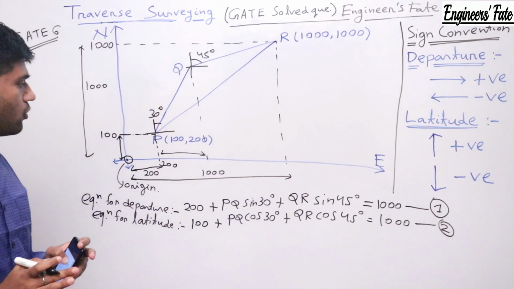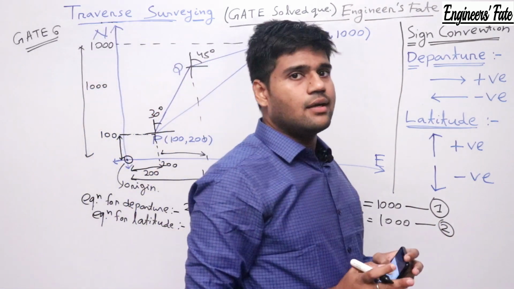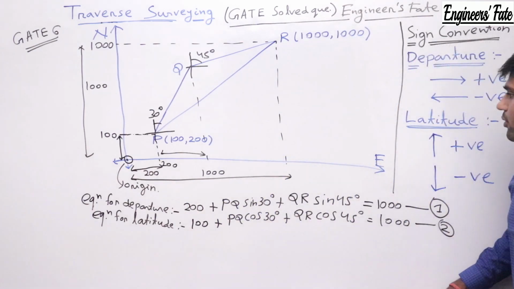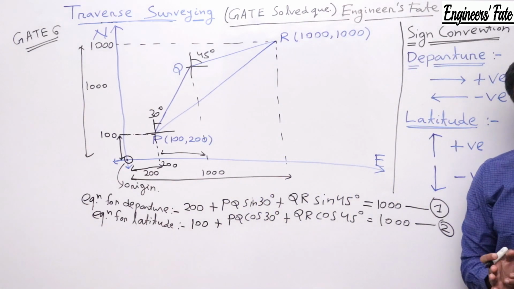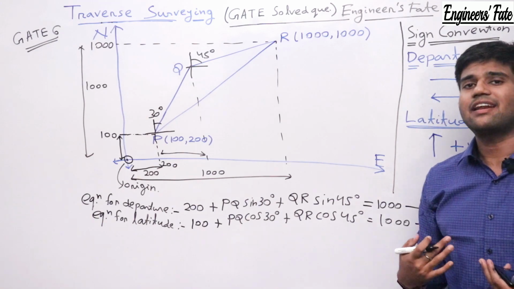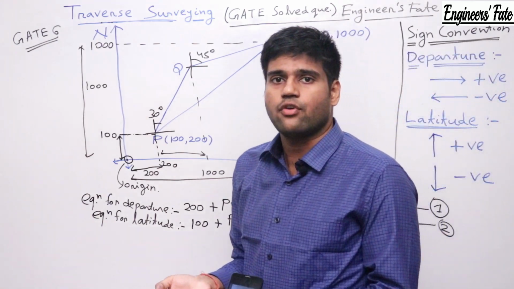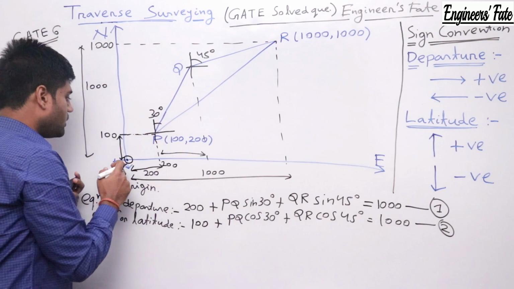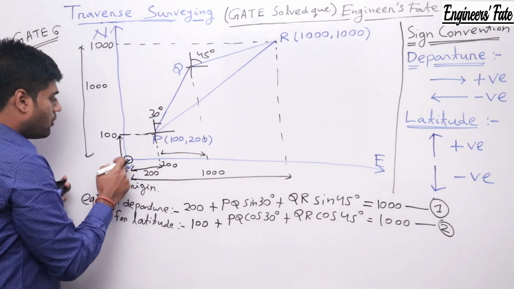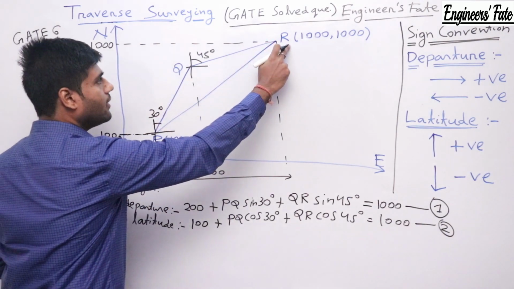I hope you understand these two equations, which is very important. I hope I have tried to tell you in a story form. So I was at the origin and I was here and I want to travel here.